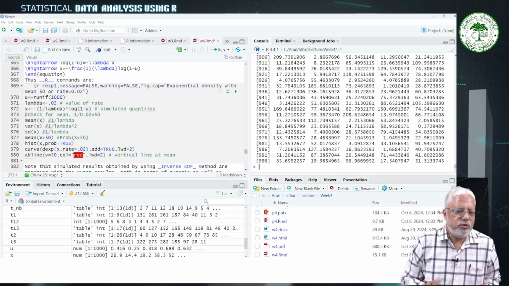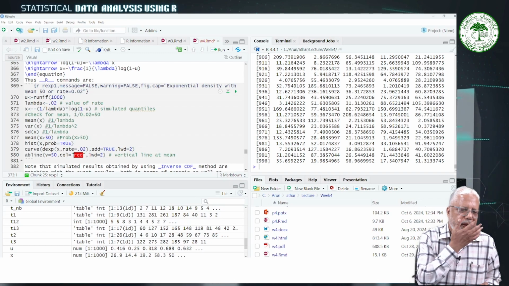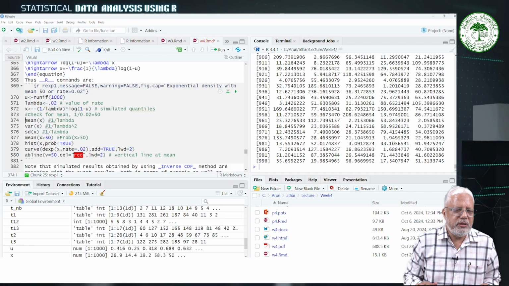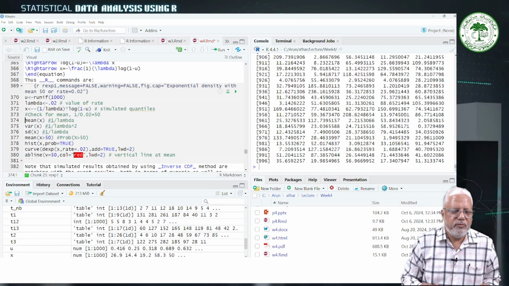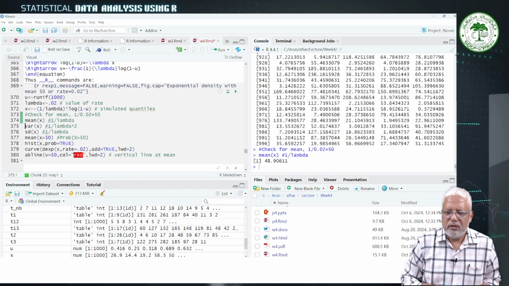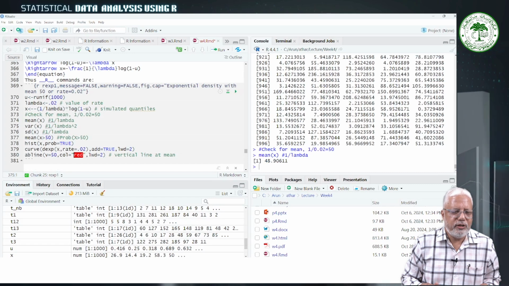So what should be the mean of this? It should be around 1 by 0.02, and that is nothing but around 50. See, it is 48.96, around 50. And what should be the variance?